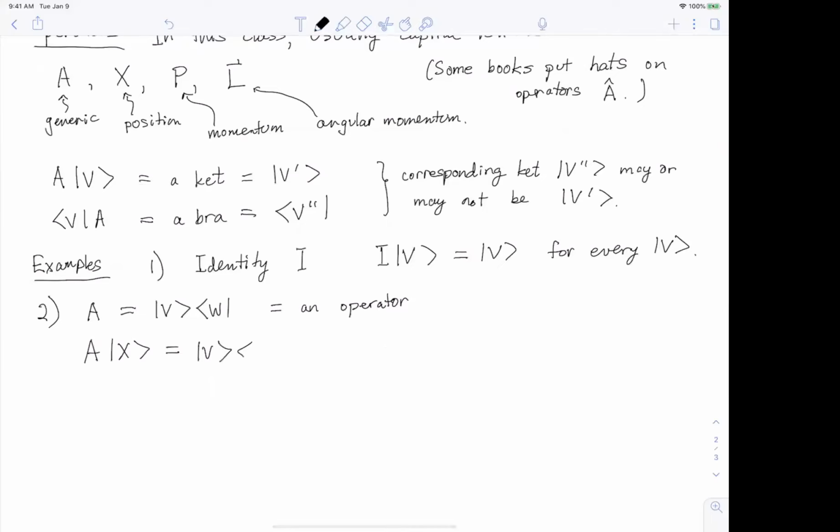That's V, and then W inner product X. And W inner product X is an inner product, so it's a complex number. So that's just saying, what ket is A acting on X? It's proportional to V, and that constant of proportionality is this number W inner product X. So that's an operator. Not every operator can be written in this form. Some can, some can't. So not every operator can be written as a ket followed by a bra.